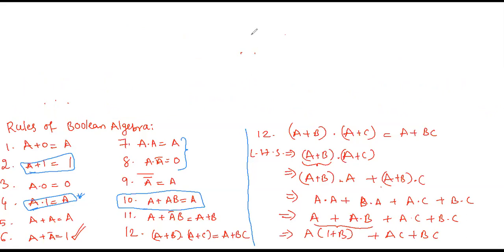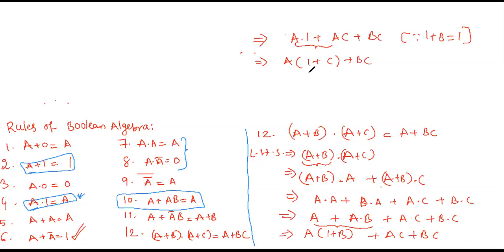So you get A into 1 plus AC plus BC, since 1 plus B is equal to 1. Now again take A common from the first two terms, 1 plus C, BC. 1 plus C again is 1. So you will get A into 1 plus BC. A into 1 is nothing but A only. So A plus BC, that is equal to RHS.